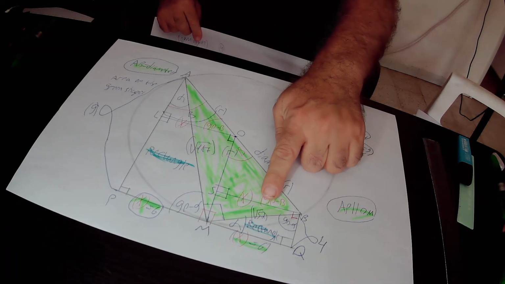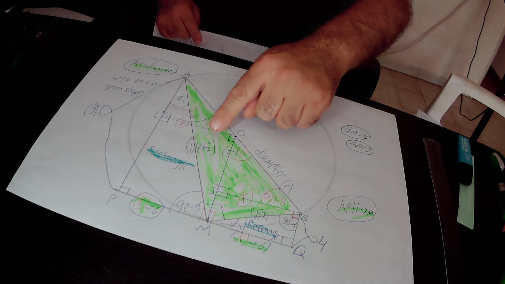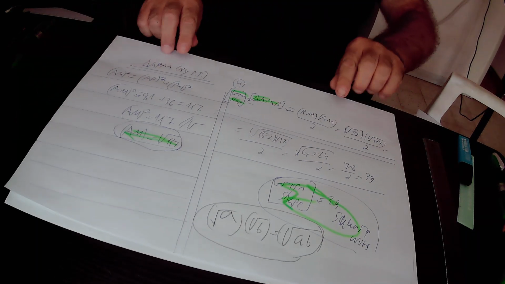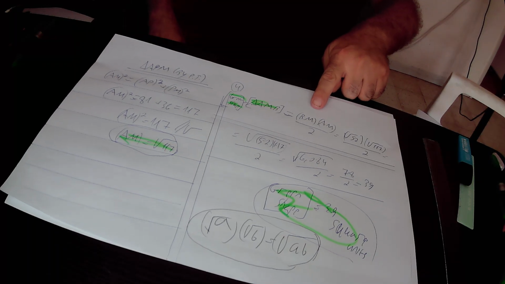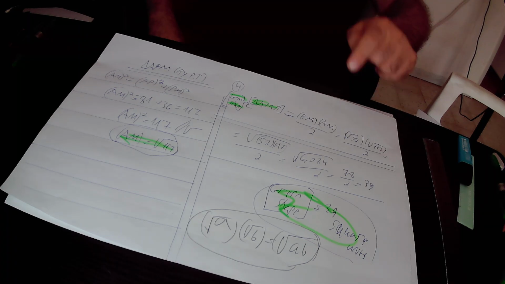BM is the square root of 52 units in length. AM is the square root of 117 units in length. So BM is the square root of 52, AM is the square root of 117, divided by 2.